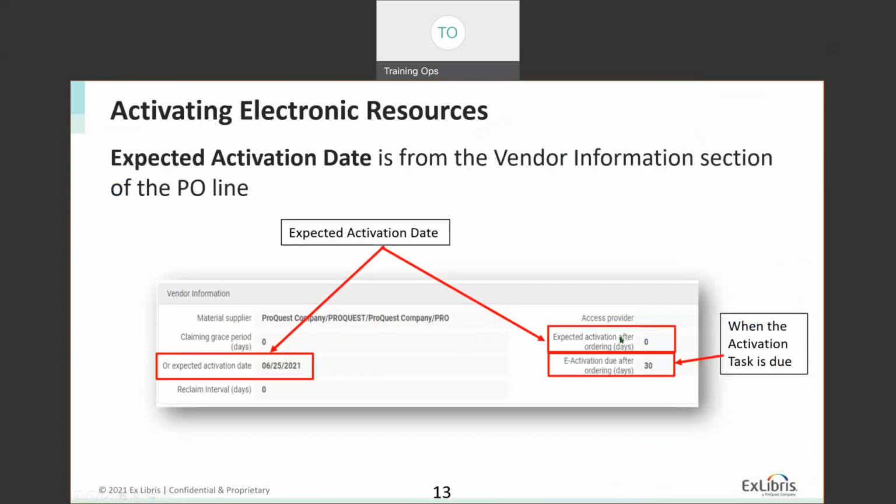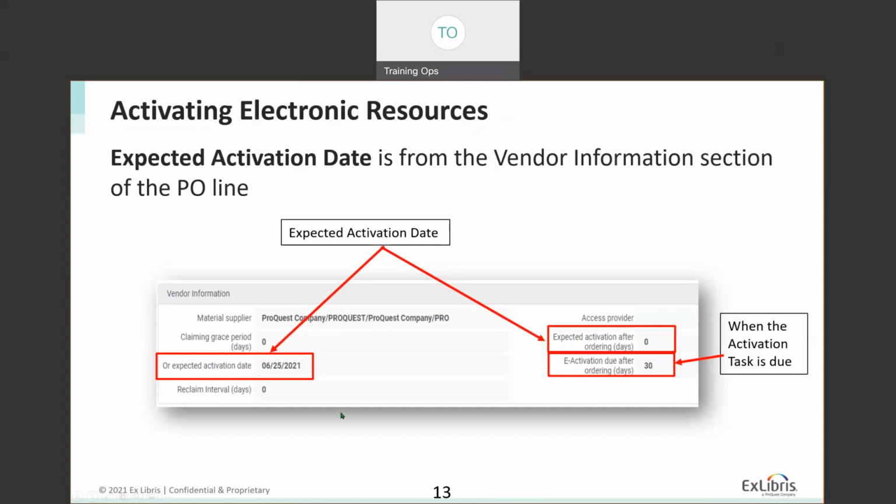The activation dates actually come from the purchase order line in the vendor information section. Typically, when you create a purchase order line, you associate a vendor account with that PO line, and that vendor account, if you have filled in expected activation after ordering days or e-activation due after ordering days, these will be populated when you associate the vendor account with the PO line.